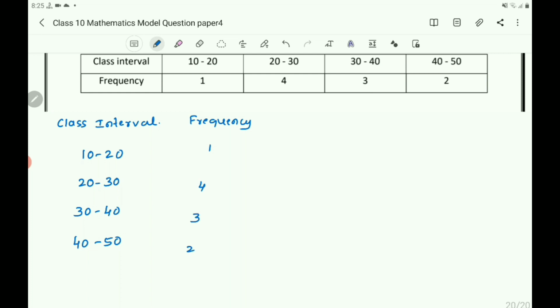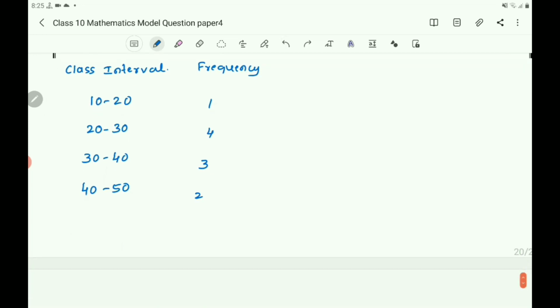The frequencies are: the frequency for 10 to 20 is 1, 20 to 30 is 4, 30 to 40 is 3, and 40 to 50 is 2. So here you will get the sum of all the frequencies, that is summation of Fi equals what? 1 plus 4 is 5, 5 plus 3 is 8, 8 plus 2 is 10. You write 10.